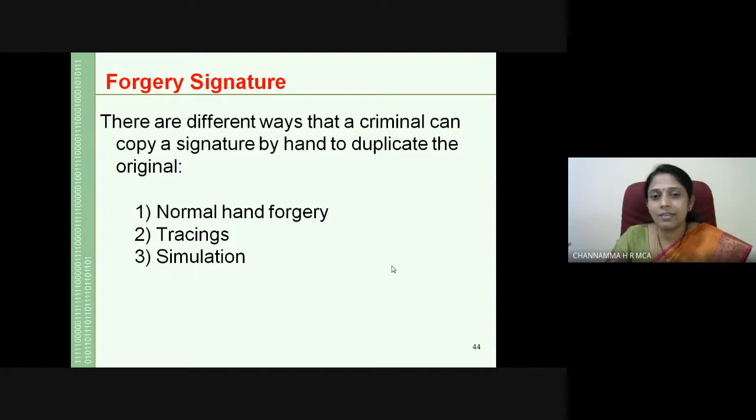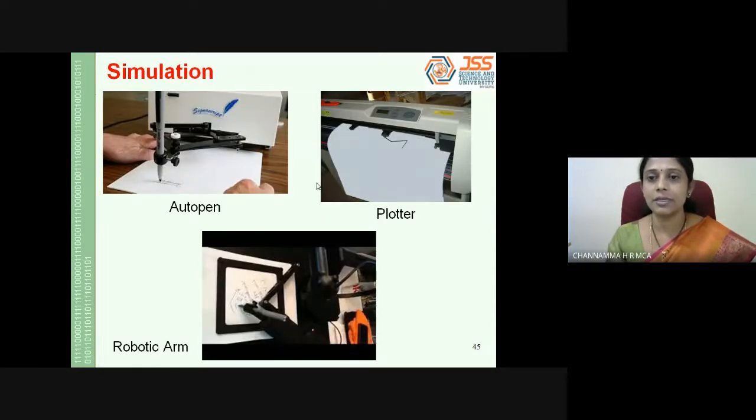By having some experience, a skilled forger can forge a signature by taking some training and practice. Similarly, tracing is also possible, and simulation means machines like an autopen, plotter, and robotic arm. You can buy all these on Amazon online also.